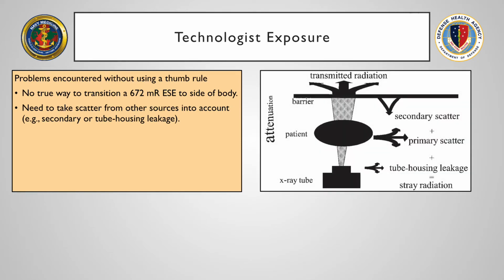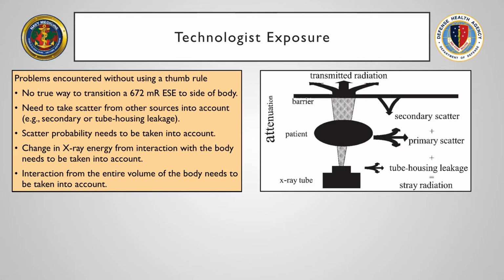You also need to take the scatter probability into account, which was that 80% we mentioned earlier. And then there's a change in X-ray energy that we need to take into account, which is the 75 keV. When it's scattered at 90 degrees, goes down to 65 keV. And also, scatter from the entire volume of the body needs to be taken into account, not just one location.